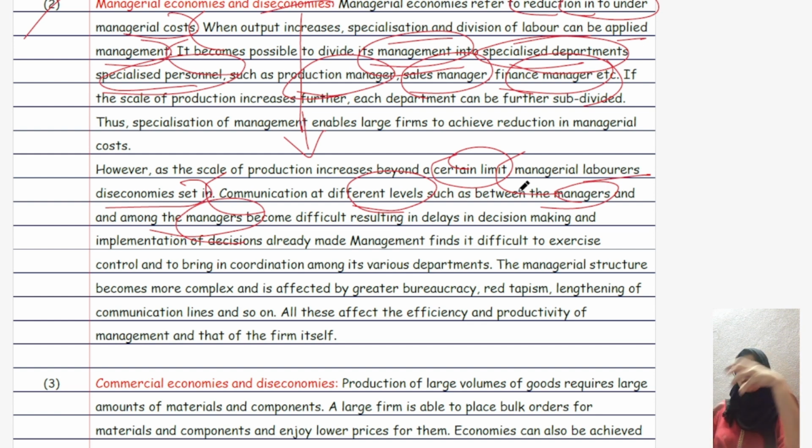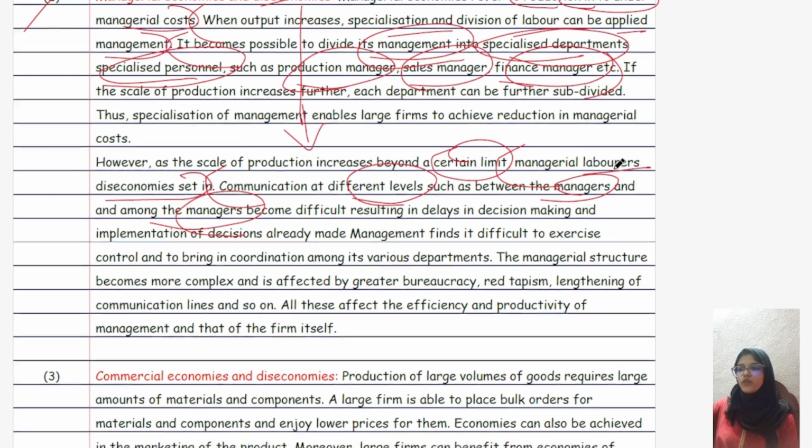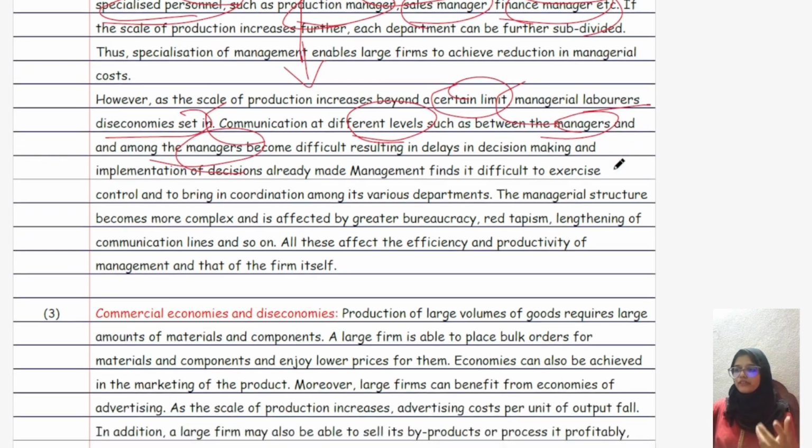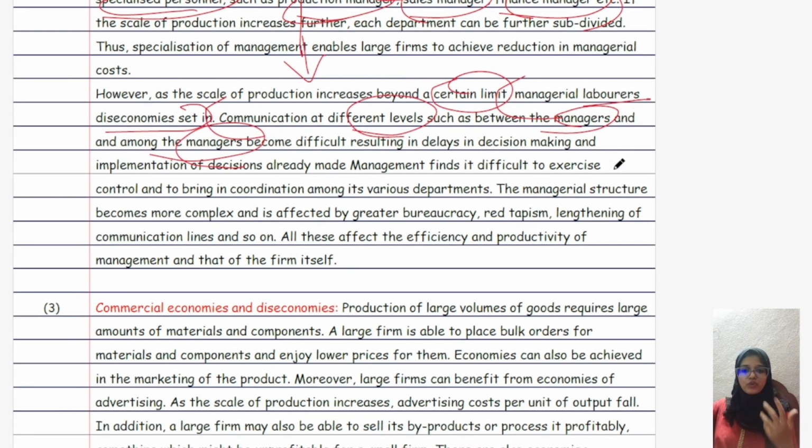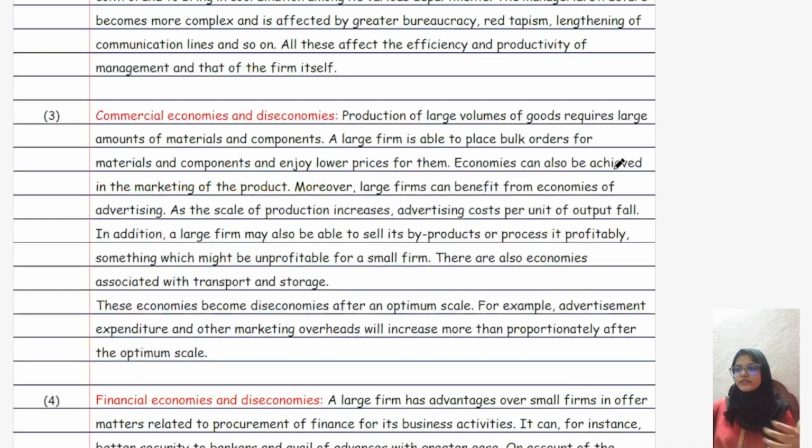They are not able to find proper communication. So there is that diseconomics involved. They are not able to properly coordinate with each other. The structure is more complex. If you want to reach someone, you have to send a lot of mails. You have to make a lot of calls. It's not like you can just approach that person face to face.